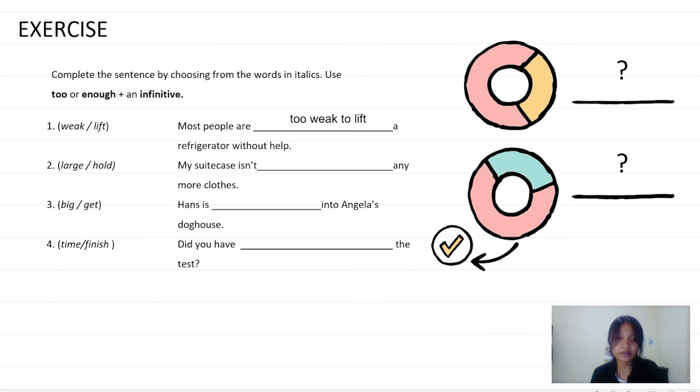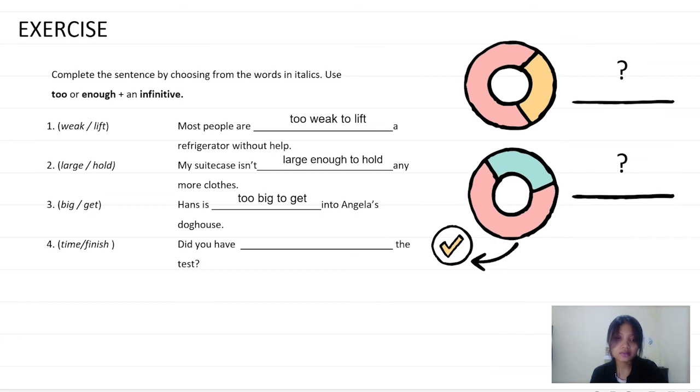The second one, my suitcase isn't blank anymore clothes. The correct answer is large enough to hold. And the third, Hans is blank into Angela's doghouse. The correct answer is too big to get.